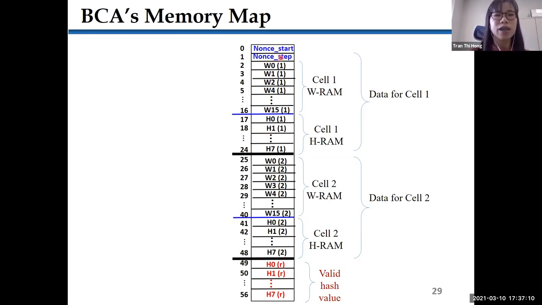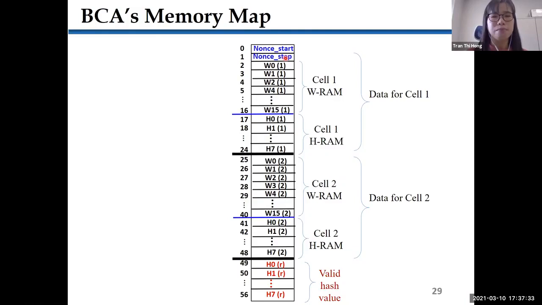And the nonce start and nonce step here, what are these? The nonce start is the value with which the outside CPU tells my BCA, oh, I need you to work, calculate the hash value starting with this nonce value. For example, usually the nonce starts from 0.